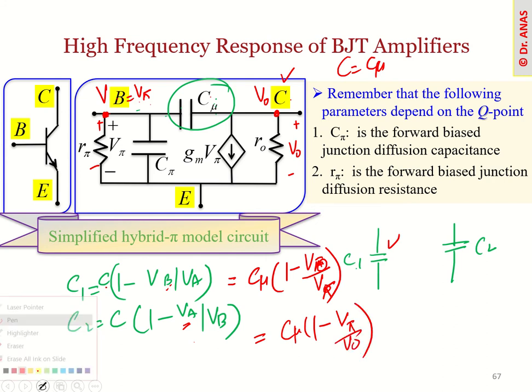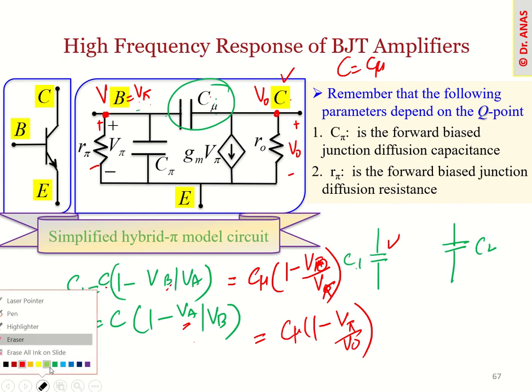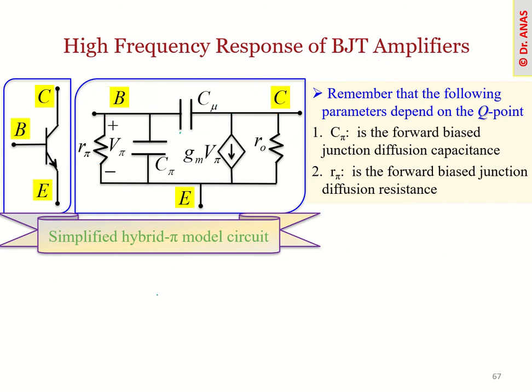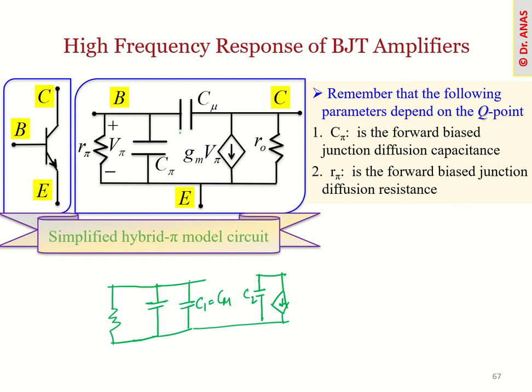C1 is also called CM, or Miller capacitance. If we draw the equivalent circuit, it can be replaced like this: I have a capacitor C pi here, then this C1 or CM capacitance, here we have the dependent source, and here I get the C2 capacitance, and we remove this part.